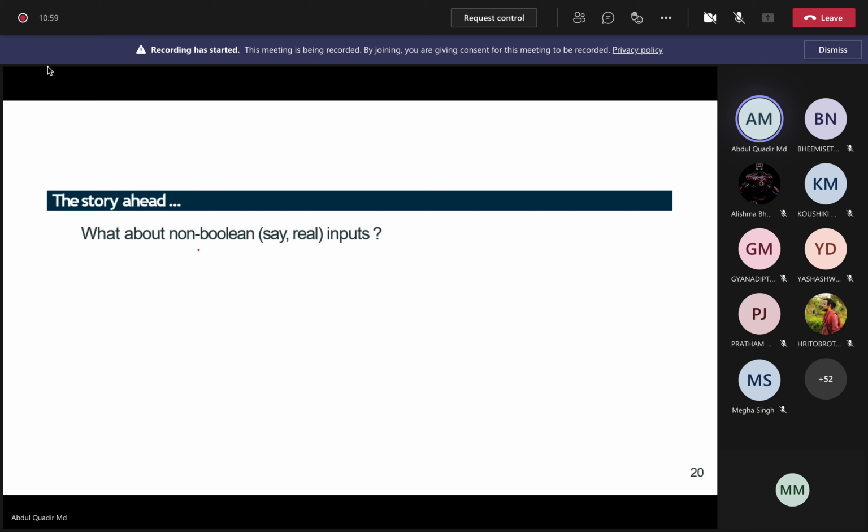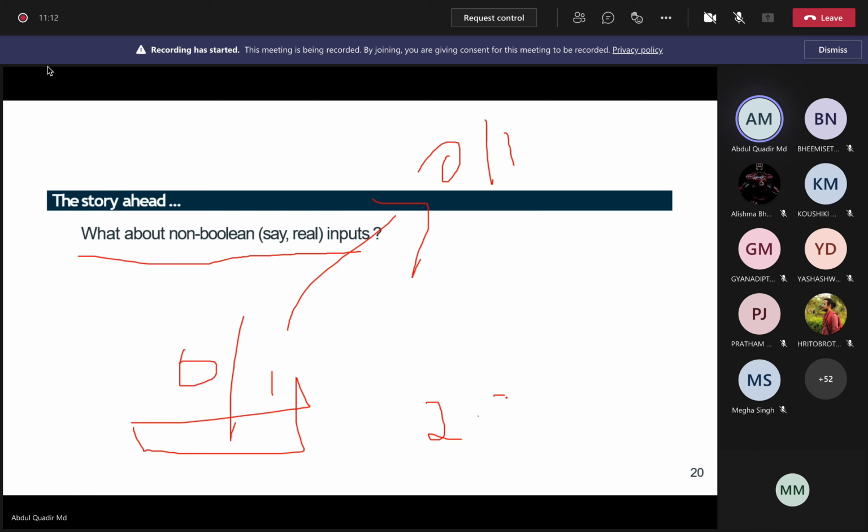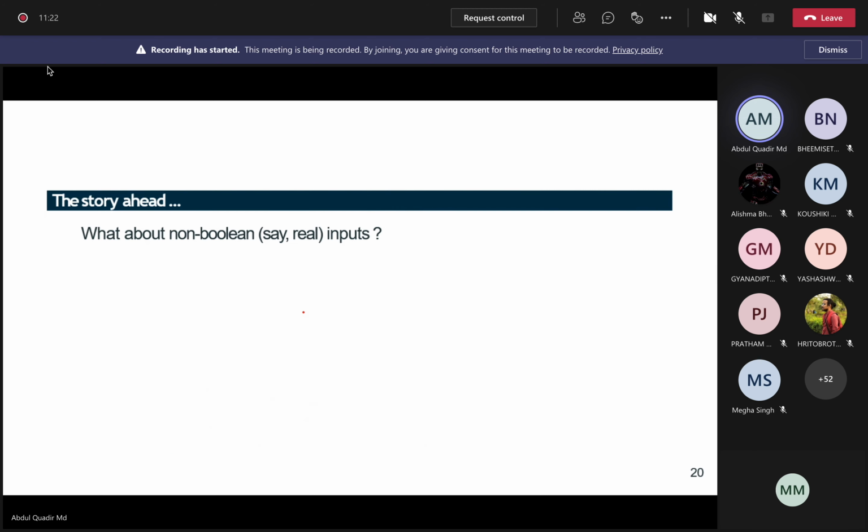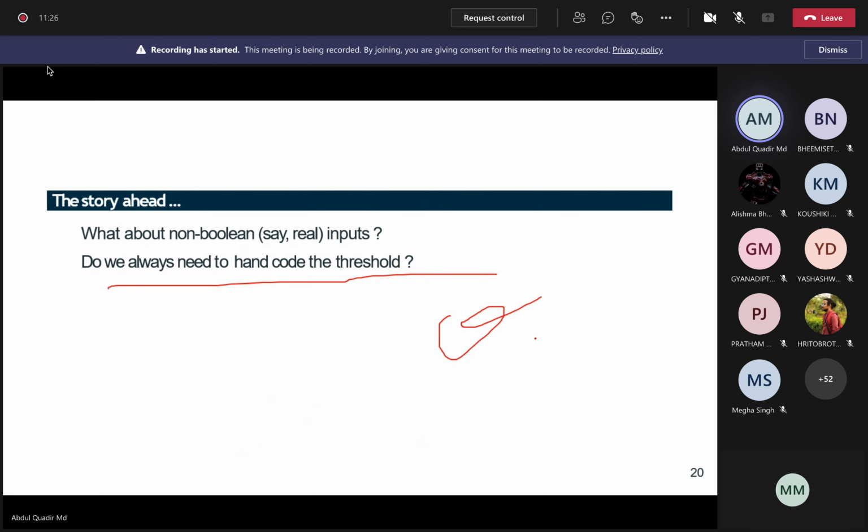What about non-Boolean, say real inputs? Because in MP neurons, the input was 0 and 1, and the output was also 0 and 1, right? That is the Boolean function. What about values like 2, 3, 4, 5, 6, 7? What about non-Boolean numbers, say real inputs? Also, we always need to hard code the threshold.